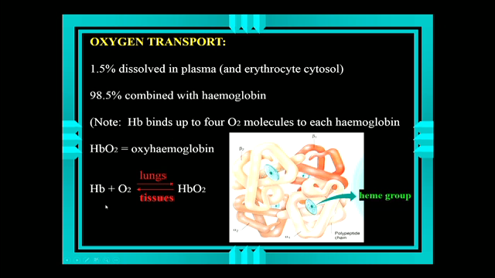So, hemoglobin, in the presence of oxygen, and this would normally occur in the pulmonary capillaries, because that's where oxygen is diffusing into. So in the presence of that oxygen, hemoglobin forms oxyhemoglobin, and we say it's then fully saturated with oxygen. There are 4 oxygens bound to the 4 heme groups.